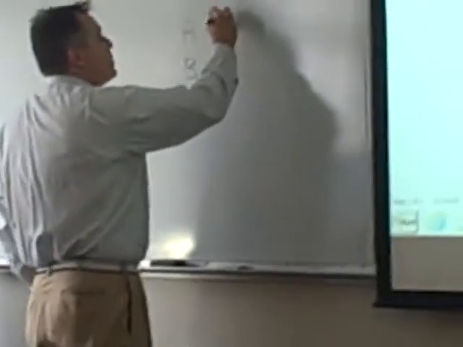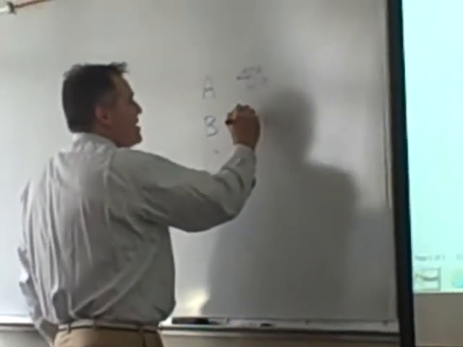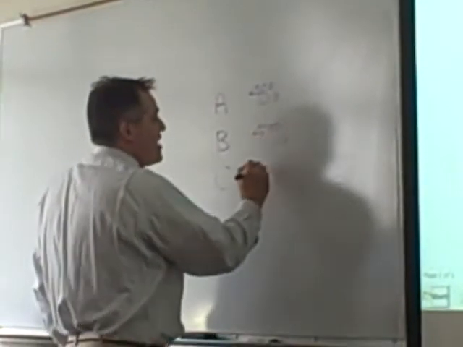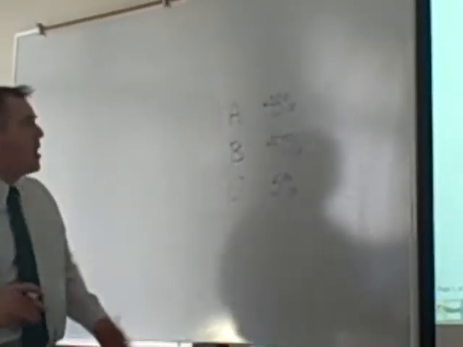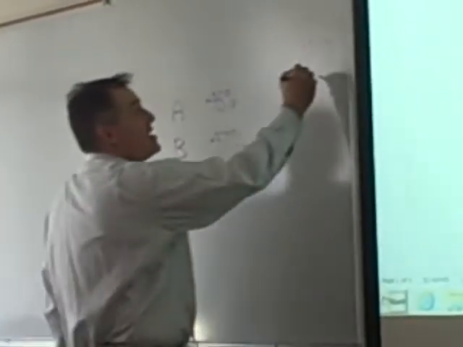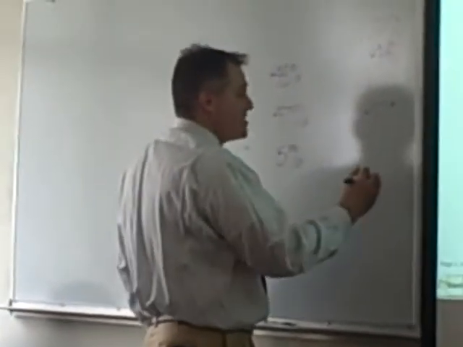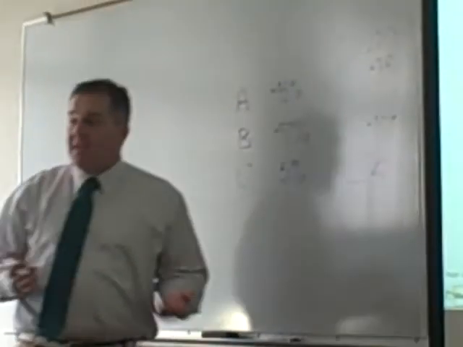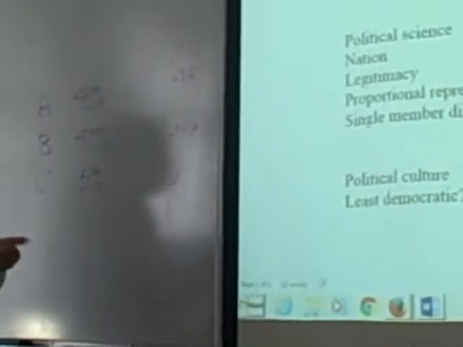Let's say that party A gets 48, party B gets 47, and party C comes in distant last. If there are 100 seats in the new legislature, then party A gets 48, party B gets 47, party C gets 5. In other words, it matches, and very little of the actual votes are wasted.